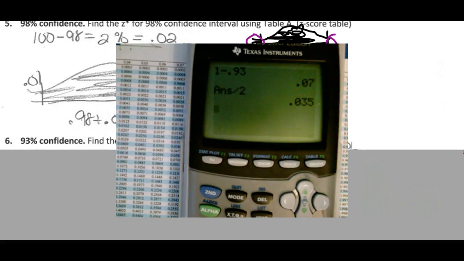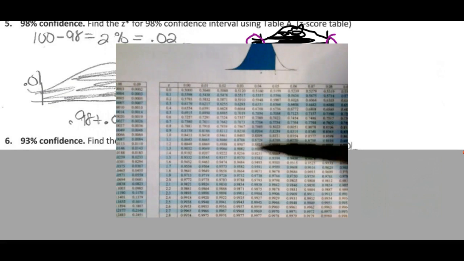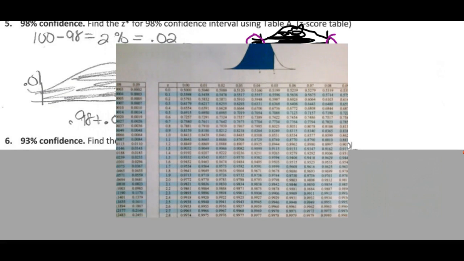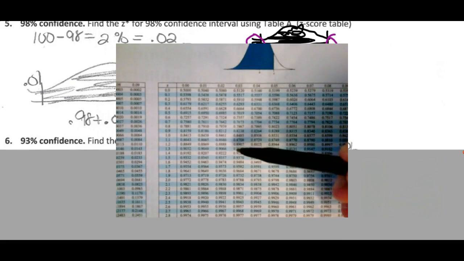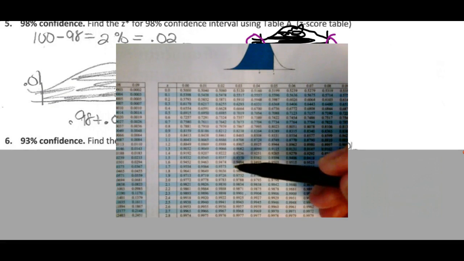So when I add 0.035 to 0.93, that'll give me 0.965. That's what I'm looking for in the inside of the table. So again, that number was 0.965, so I'm looking for 0.965.